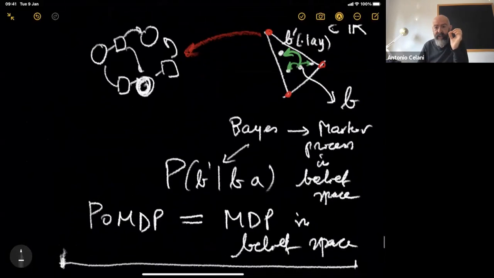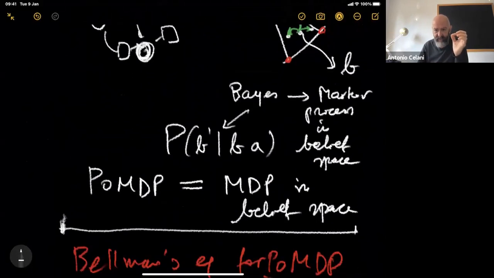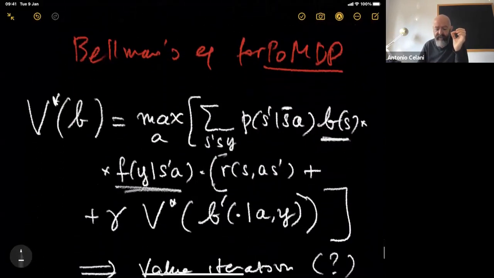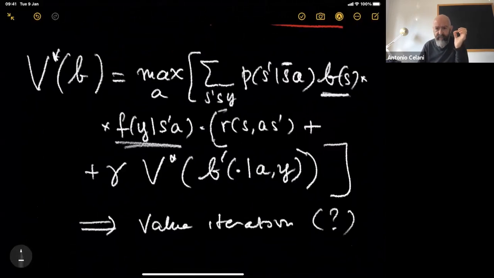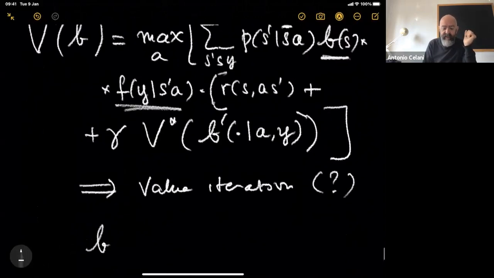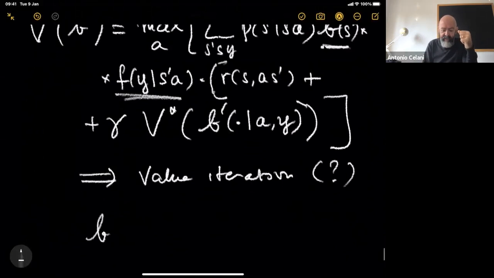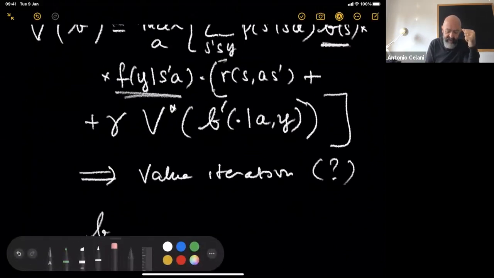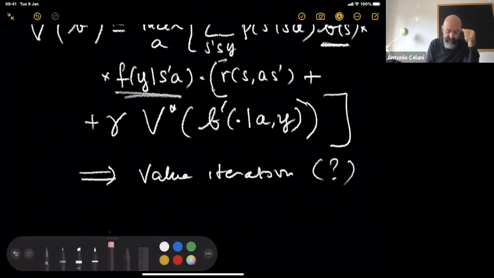Now the value function is a function. And the Bellman's equation is a functional equation. So B, the belief, is a vector, and the value function is a function of a vector. And the Bellman equation becomes a nonlinear functional equation.